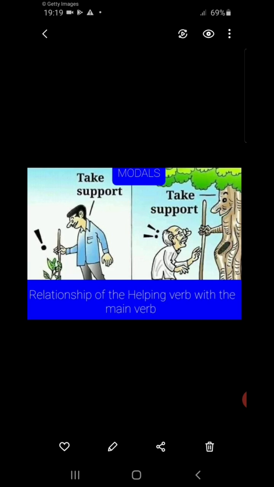How does a helping verb provide support to the main verb? In fact, how are they used at the same time to make a sentence complete?